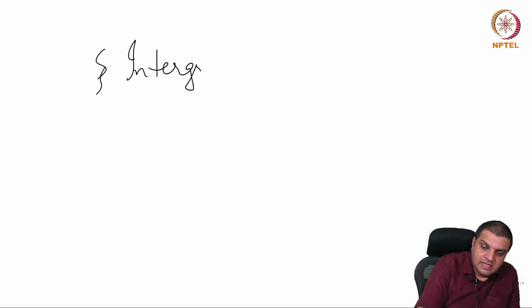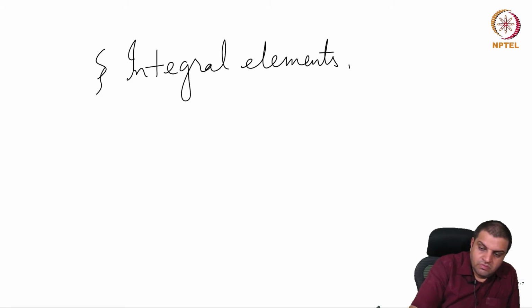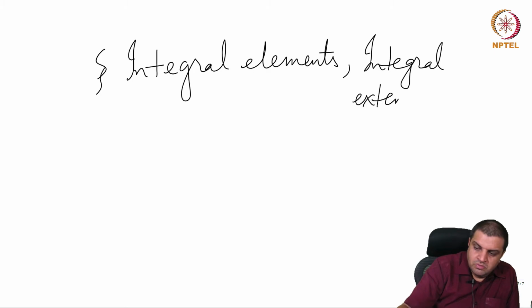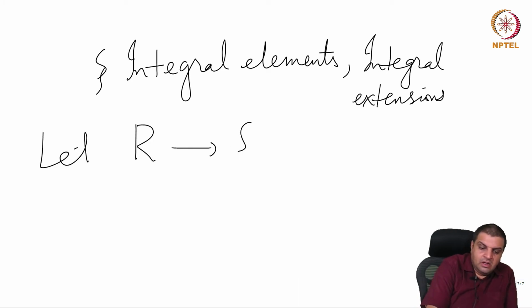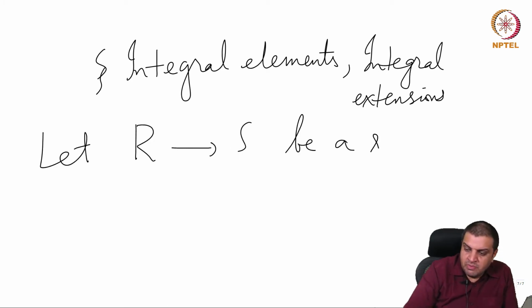So now we start a section called integral extensions, integral elements. Given a map R to S, so let R to S be a ring map.